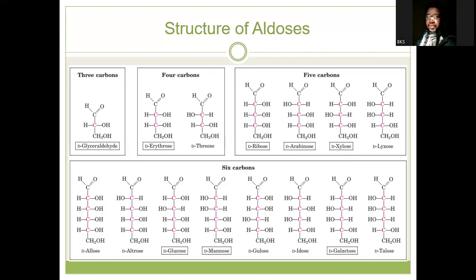We only have 1, which is glyceraldehyde. 4 carbon, we have erythrose and threose. 5 carbon, we have ribose, arabinose, xylose, lyxose. 6 carbon, we have eight of them: 1, 2, 3, 4, 5, 6, 7, 8.